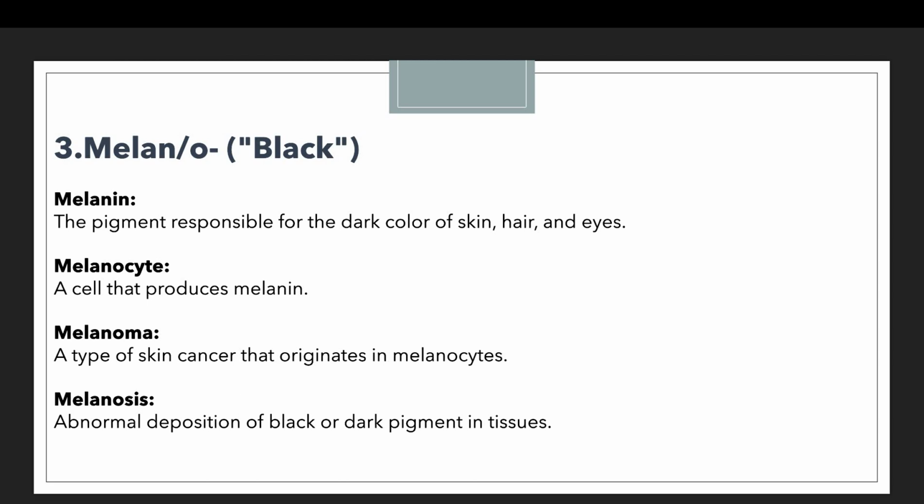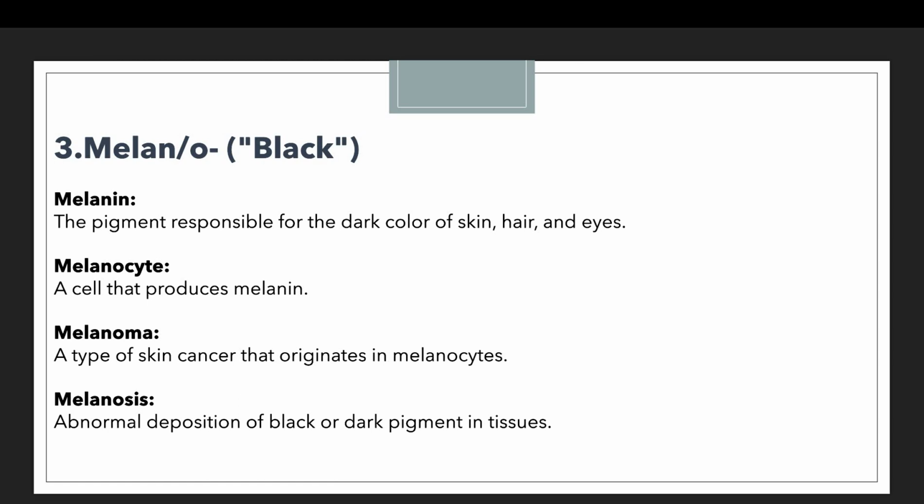Likewise, we have melanocyte, which means a cell that produces melanin. So here we are talking about the cell that produces that pigment. In the first example, we are talking about the pigment, and in the second example, we are talking about the cell that produces that pigment. Then we have the next example, melanoma, a type of skin cancer that originates in melanocytes.